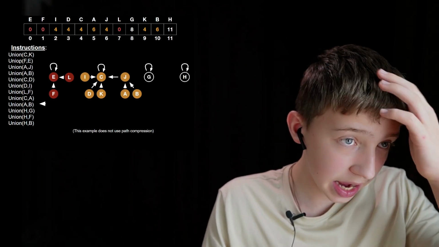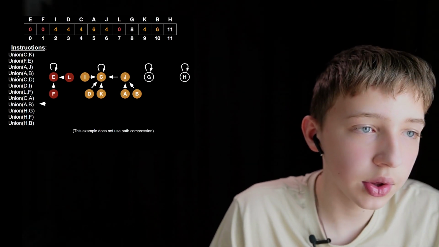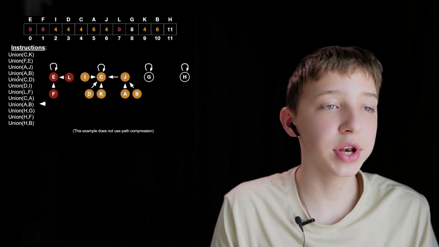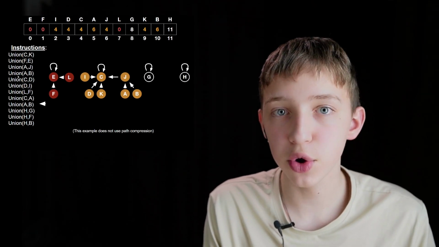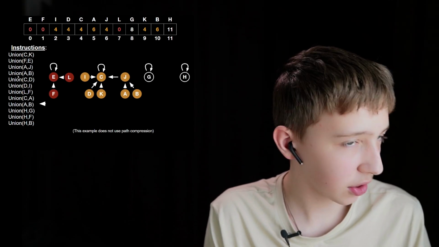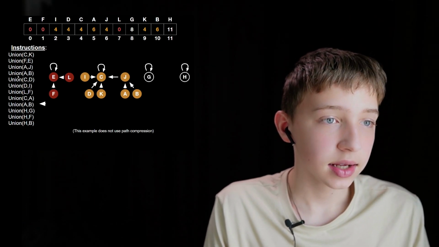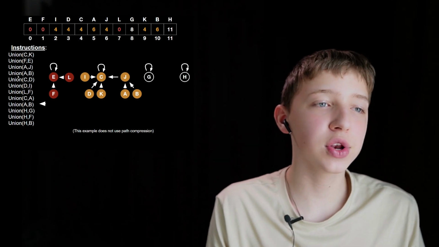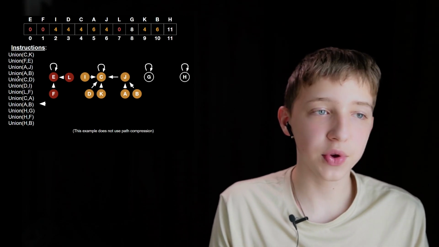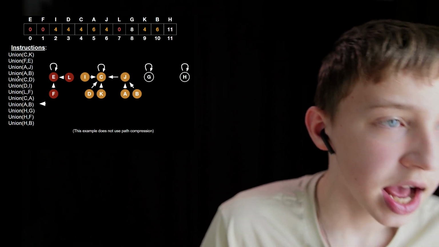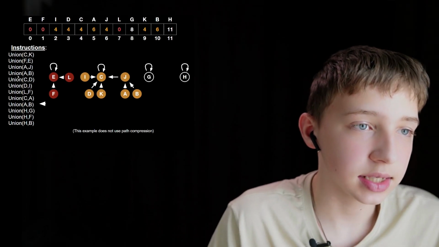So the root node of A is C. And if we do the same thing for B, the root node of B is C as well.